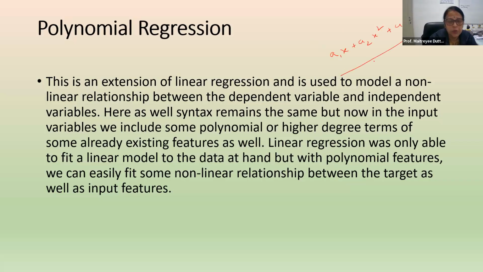These are polynomial expressions. If the dependent variable depends on the independent variables in higher degree terms, the degree may be 2, 3 or 4, then we use a polynomial expression. That is a non-linear relationship between the target and the input features, right?